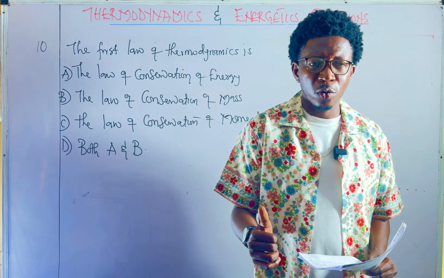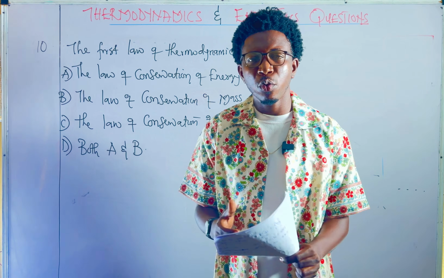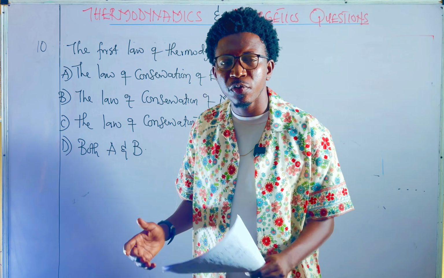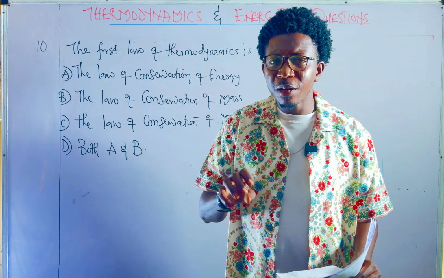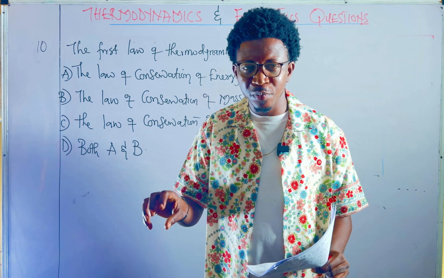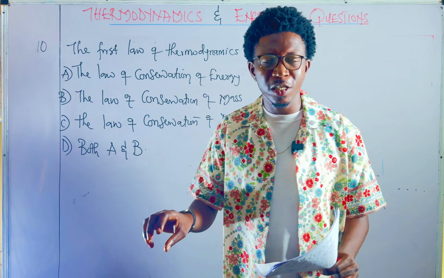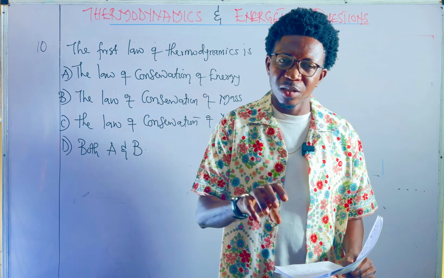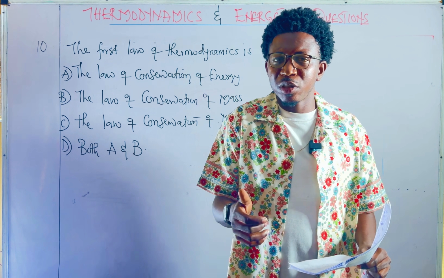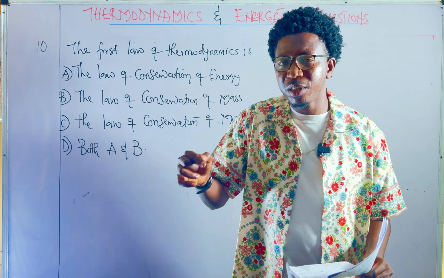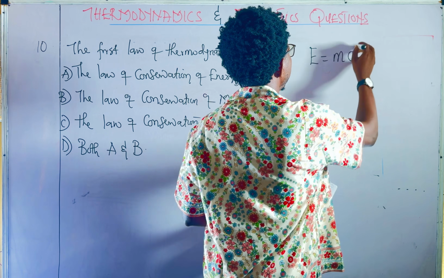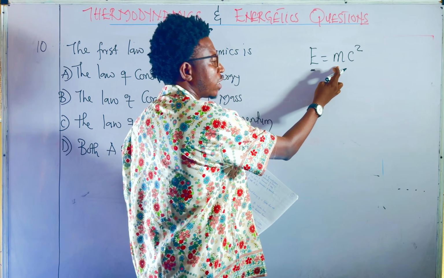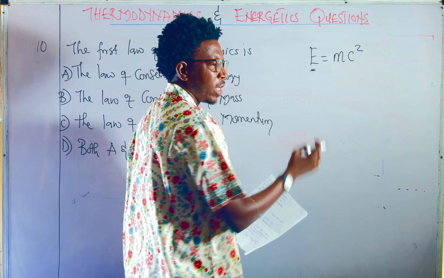This first law is also known as the law of equivalence of all forms of energy. But one thing you should know is that energy and mass are interconvertible. Mass can be converted to energy, energy can be converted to mass. Remember the famous Einstein equation, E equals mc squared. Energy equates mass, mass equates energy.